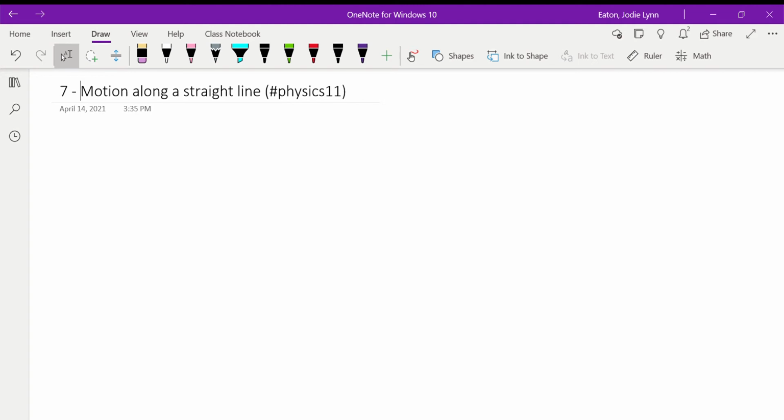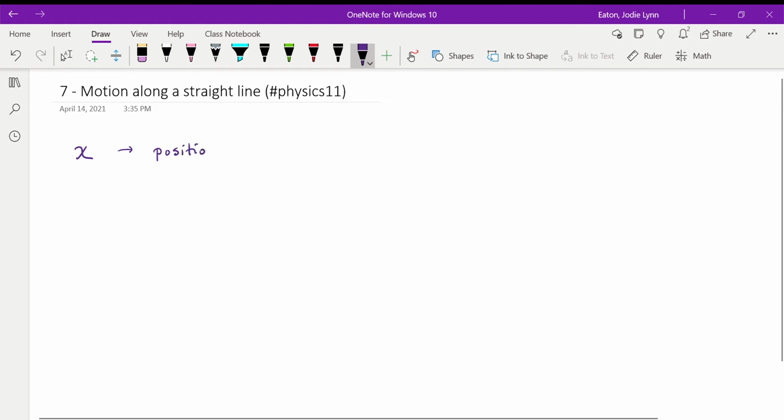So we are going to represent our variables. x was usually used to describe position, v to describe velocity, and a to describe acceleration.